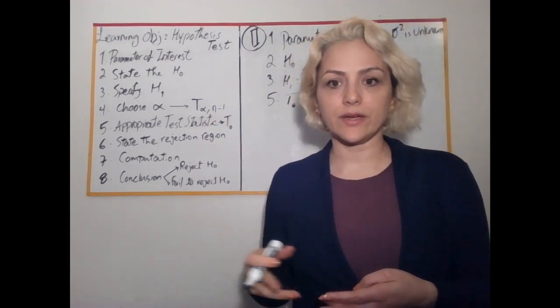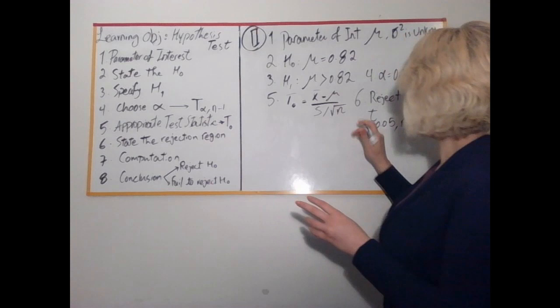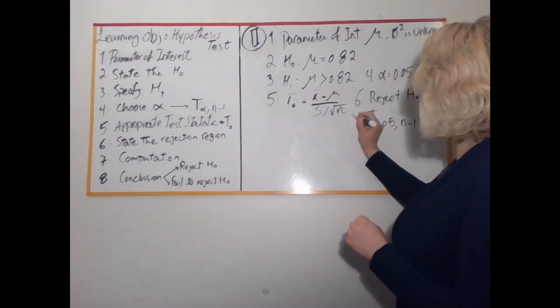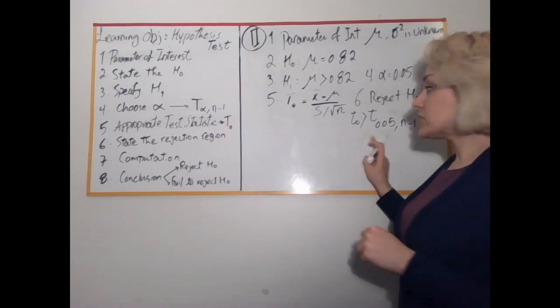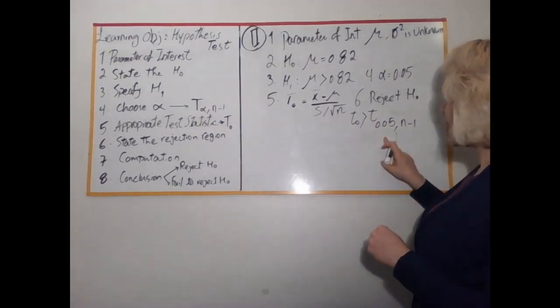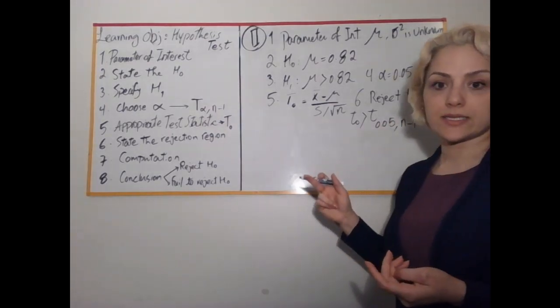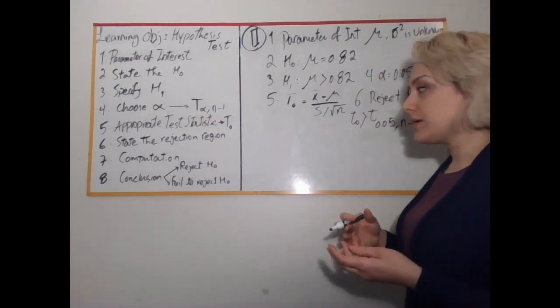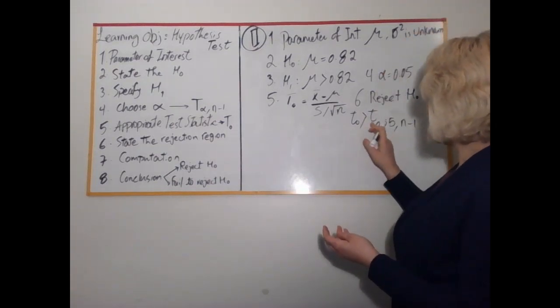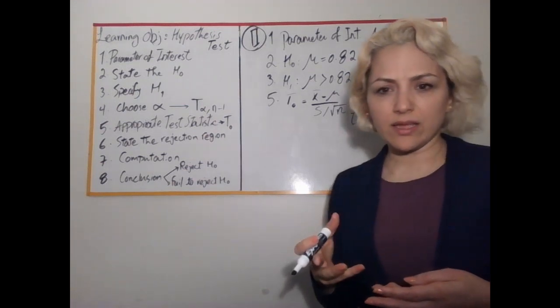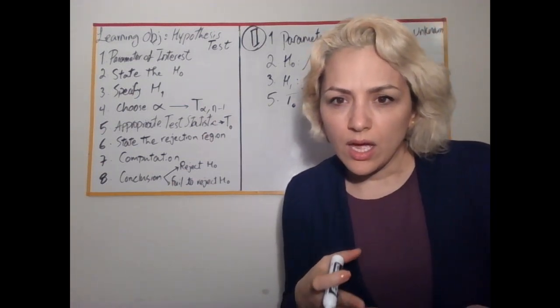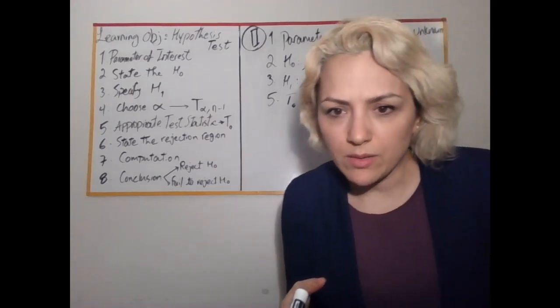We are going to put it later. So if our t null is greater than this value, we are going to reject the null hypothesis. And when we go to the table and find the t of 0.05, n minus 1, we said that n is 15, I think, when I look at the question. Yes, so n minus 1 is going to be 14.